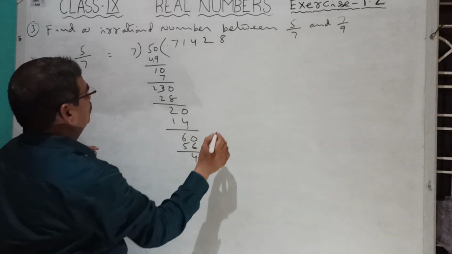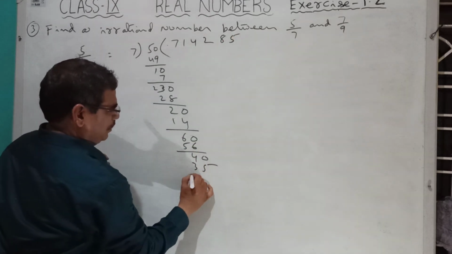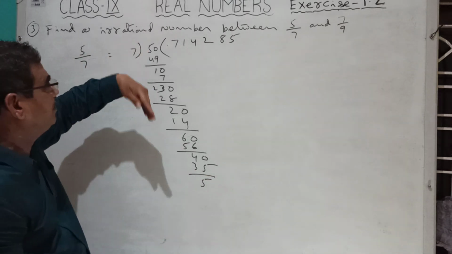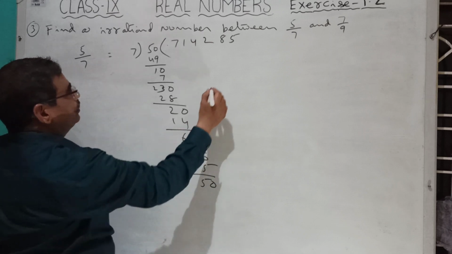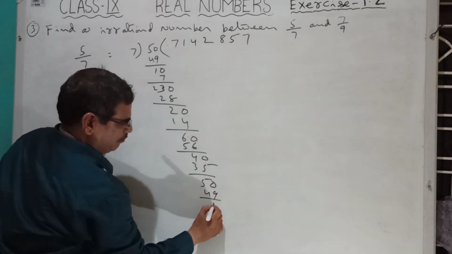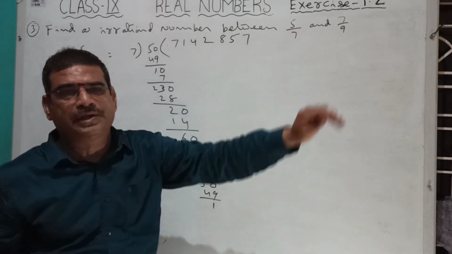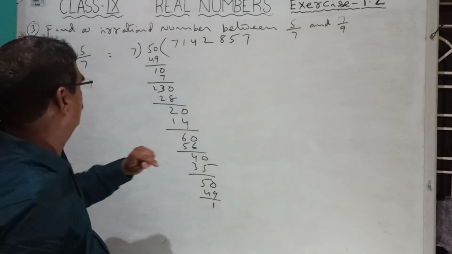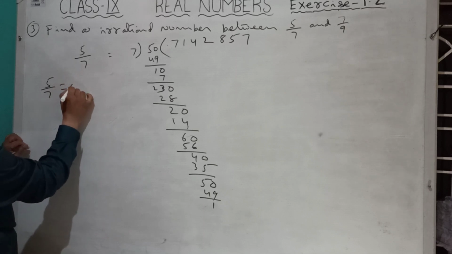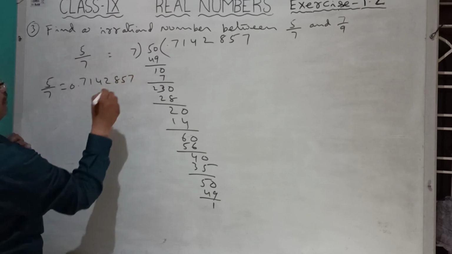Another 0. 7 fives are 35. Balance 5. See 5. Here also 5. So repeating. And also put another 0. 7 sevens are 49. 1. So here 7 is repeated. So this is called repeating decimal system. So 5 by 7 is equal to 0.7142857.